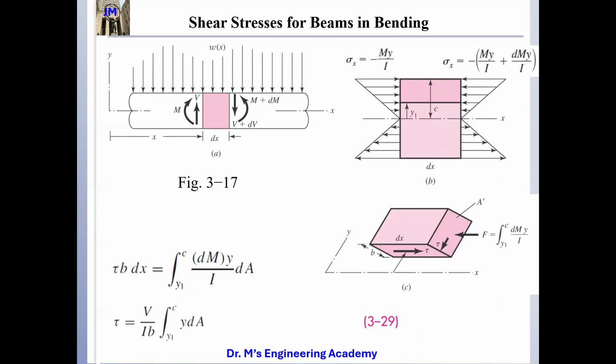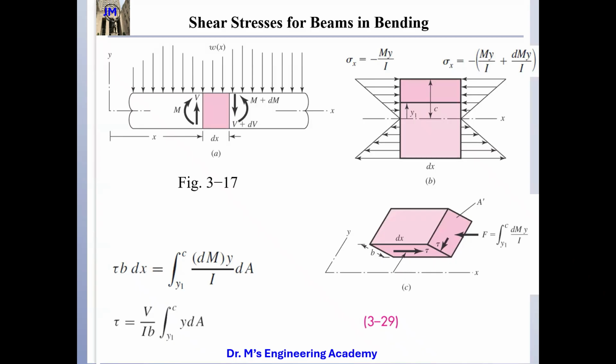So this is balanced. This is called shear stress. The shear stress equals V, the transverse shear, divided by Ib, times the integral of y dA from yi to c, from here to here. We just want to integrate.